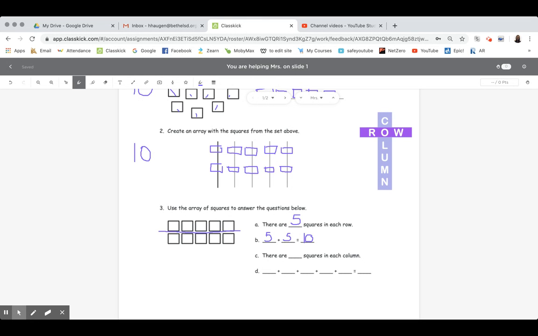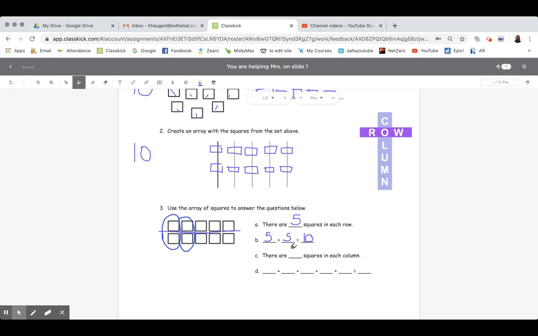Letter C says there are blank squares in each column. Well, I'm going to change my color here. When I'm looking at columns, I'm looking at this. How many squares are in each column?